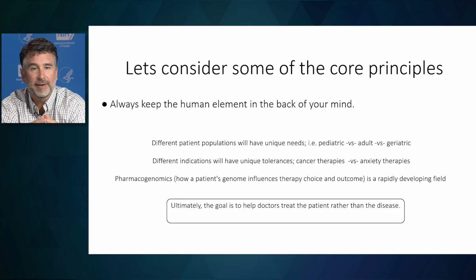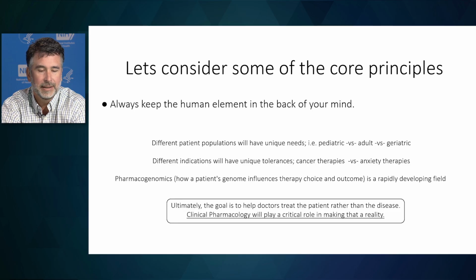We're learning more and more that individual therapies are probably going to be the future of medicine, and a lot of the lessons you're going to be learning within each of the modules, each of the lectures, is designed to help you understand how the data that is broadly characterized as pharmacological data or clinical pharmacological data can then be used to define a therapy course for the person, the patient, the individual, not broadly the disease. So clinical pharmacology will play a critical role in making this a reality.